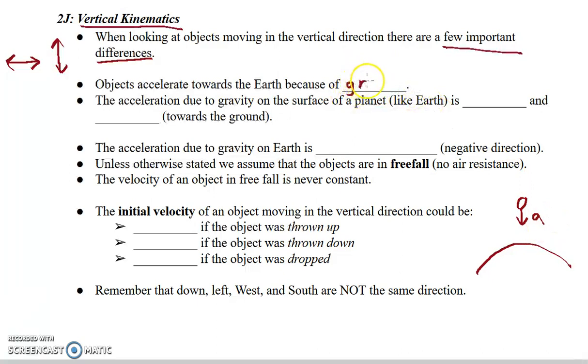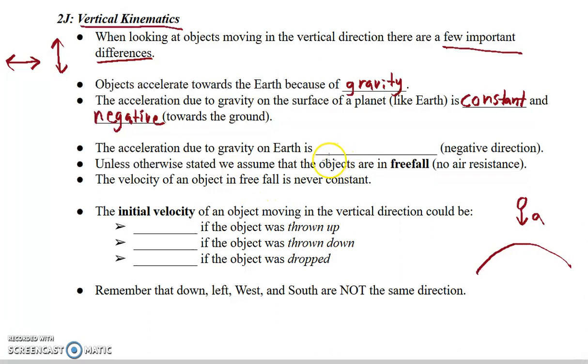So gravity causes objects to accelerate towards the Earth, and that acceleration is constant, meaning it's always the same value on Earth, and it's negative. Negative in this case means towards the ground.